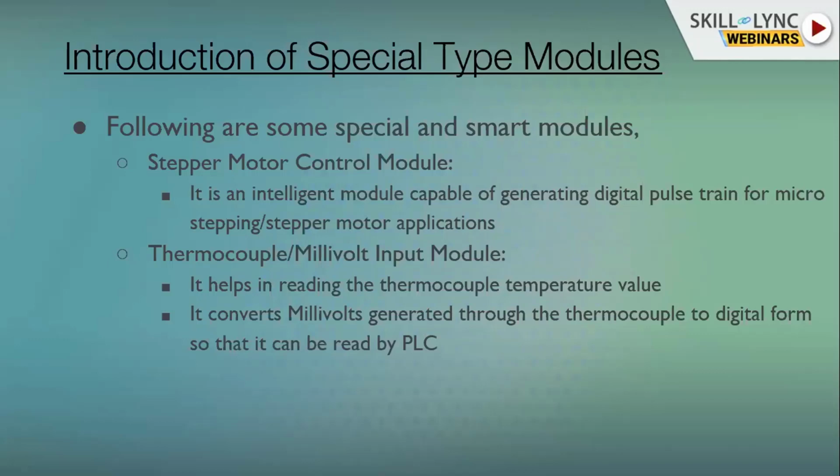Thermocouple millivolt input modules can read the millivolts from the devices. The thermocouple, which is used to measure temperature, generates a signal in the form of millivolts, and these millivolts can be converted into a readable format to know the temperature measured by the thermocouple.